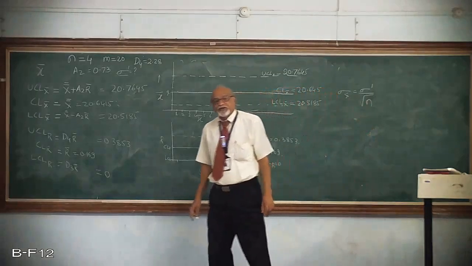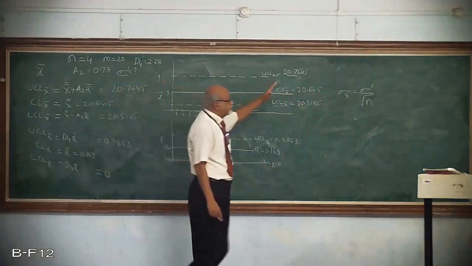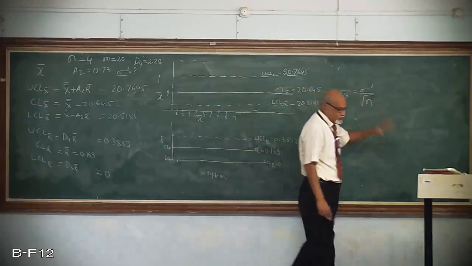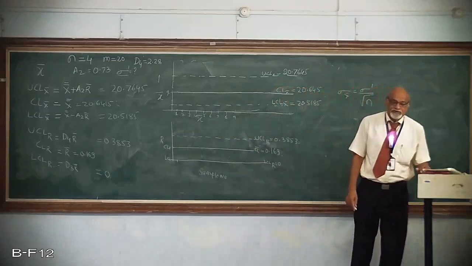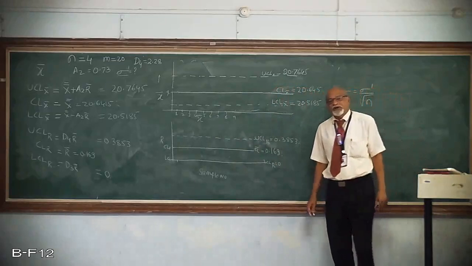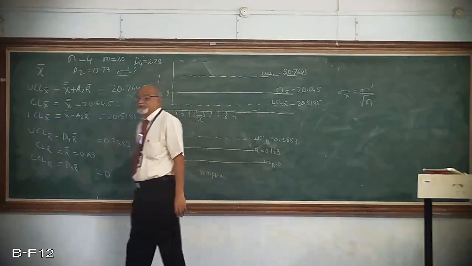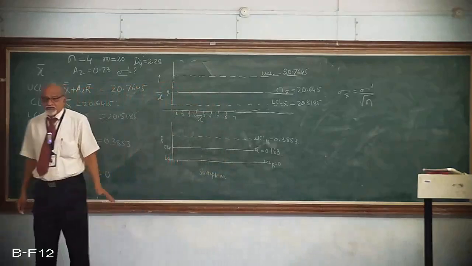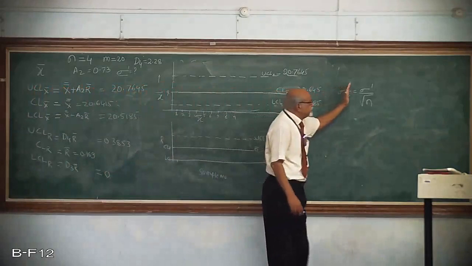The moment it is more than 1, sigma x bar is going to be less. And already I told you, because of the central limit theorem, we should not collect a sample smaller than 4. So naturally, sigma x bar is going to be lesser than sigma prime.